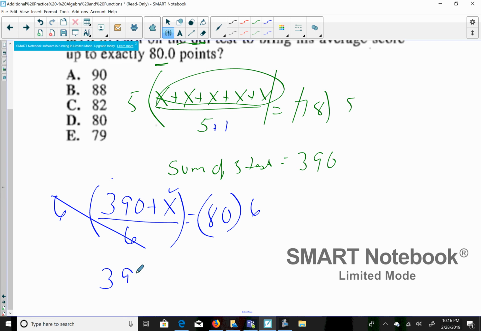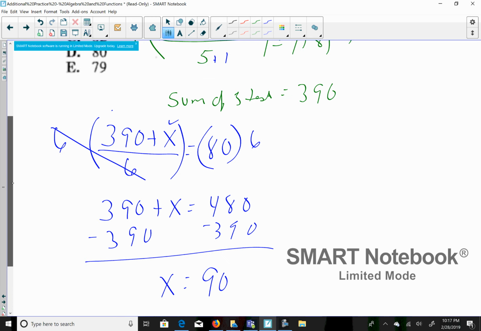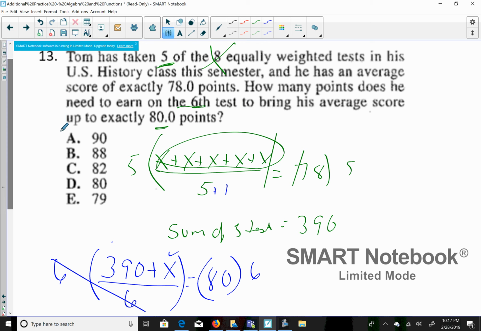I'm left with 390 plus x is equal to 480. Subtract 390 from both sides, and I see that Tom needs a score of 90 in order to raise his average to an 80%. And 90 happens to be choice A.